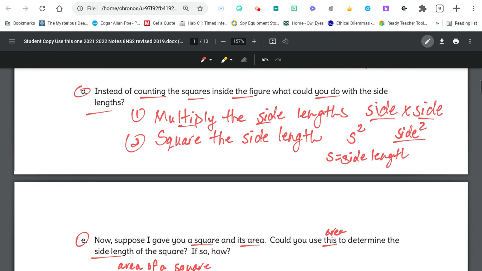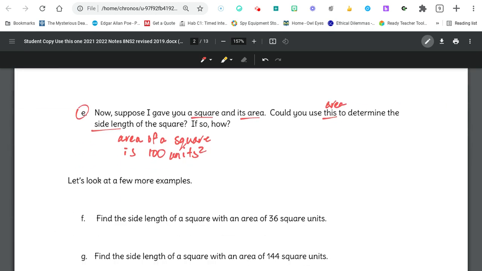So basically, guys, if I gave you the area of a square, all you have to do to determine side length is take the square root of the area. That's all you're going to do.